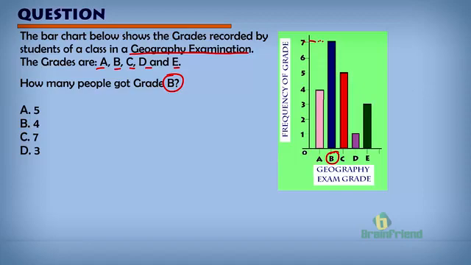And of course, it gives us 7 as an answer. So it means that grade B was recorded 7 times, or 7 persons got grade B. Our options here has option C as our correct answer. 7 persons got grade B.